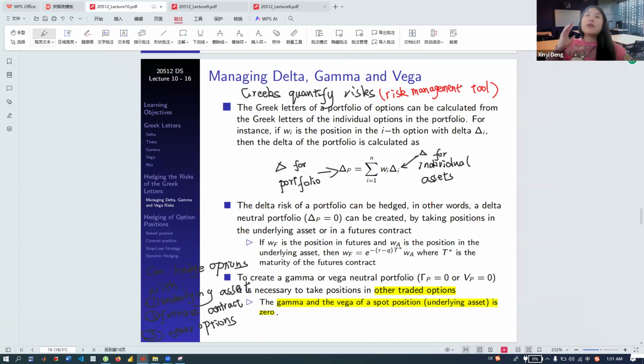We're just calculating the weighted average of delta for individual assets in order to get the delta for the portfolio.